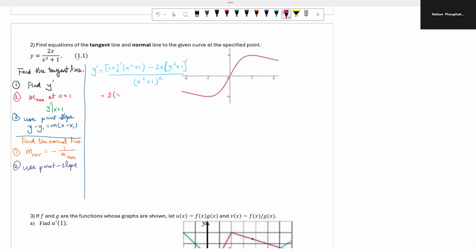Then I will have 2 times x squared plus 1 minus 2x times 2x. And now I find that y prime is equal to 2 minus 2x squared over x squared plus 1 squared.